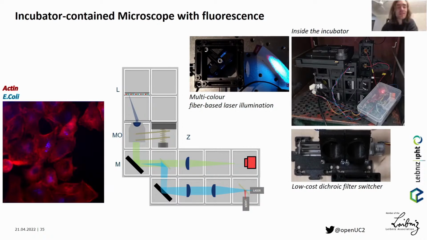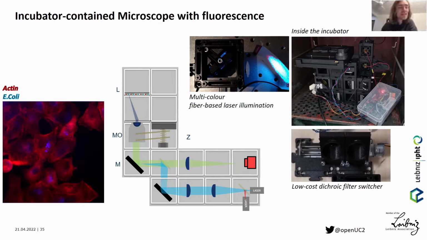This is, for example, an example for a fluorescent microscope where you have two different laser wavelengths coupled into your system, and then you can, for example, image infection here, so that you have a better resolved image with better optics, and also the ability to change the filter set here, completely autonomous, and place that again in the incubator so that you see the infection process while it's happening.